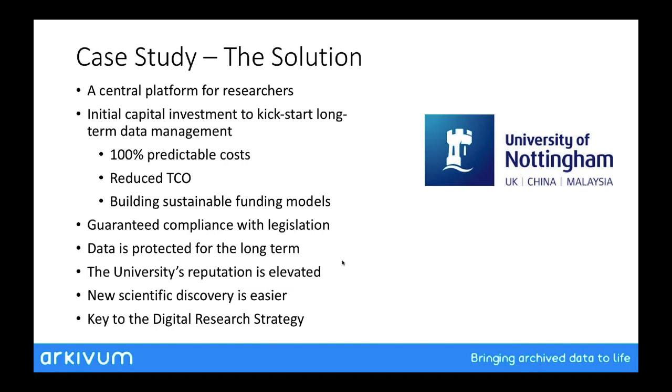We're helping with the university's reputation for all of the reasons that we saw on the aims on the first slide, and hopefully the whole point of this, as we said at the beginning, was to make scientific discovery easier, to make sure that we're progressing human knowledge in all of its areas, and it's really key to the research strategy.